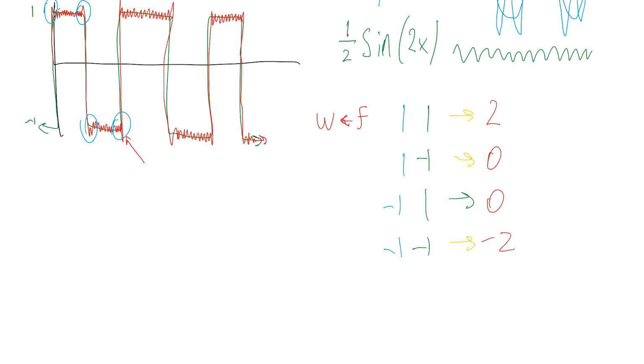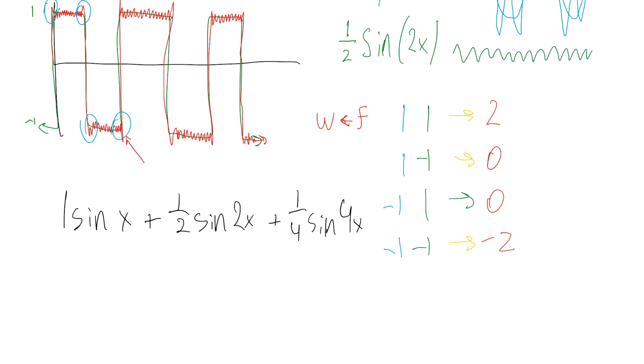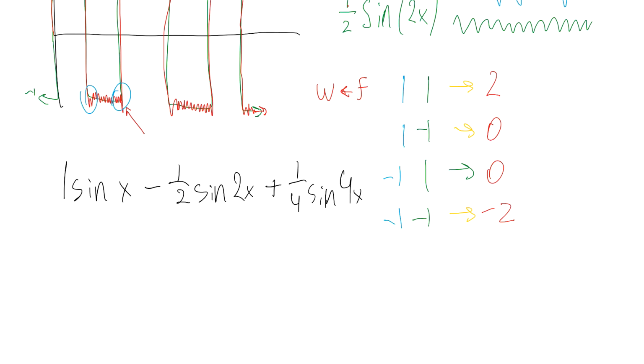So because you're adding so many waves, let's say you're adding 1 sine x plus 1 over 2 sine 2x plus 1 over 4 sine 4x, and so on. Well, and also, this is probably going to be like this, actually. And then they do switch around.